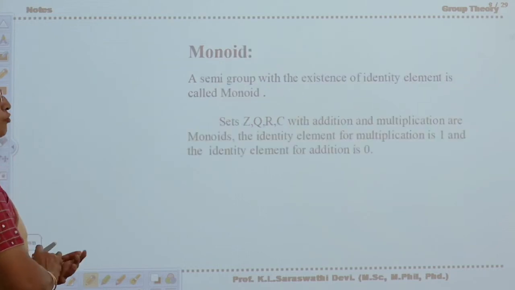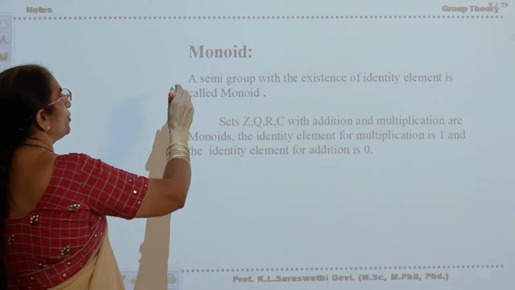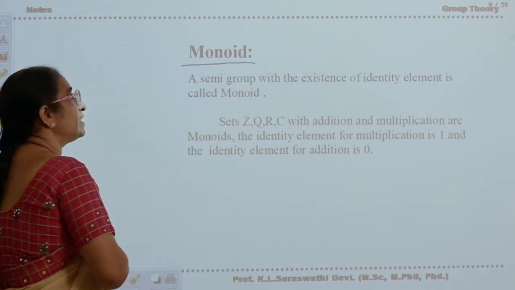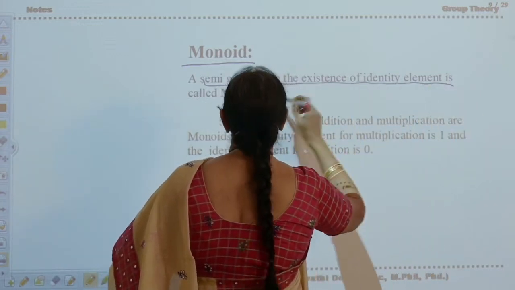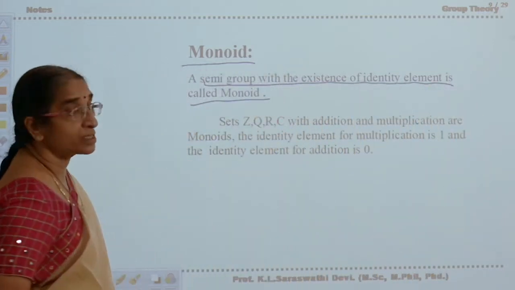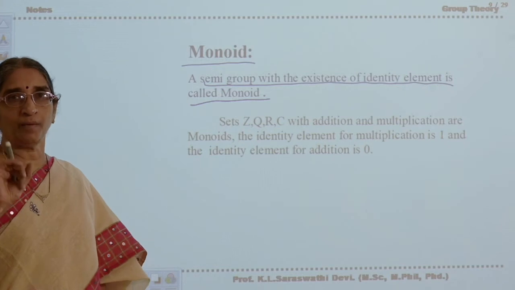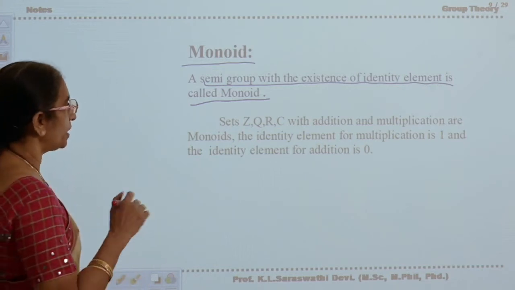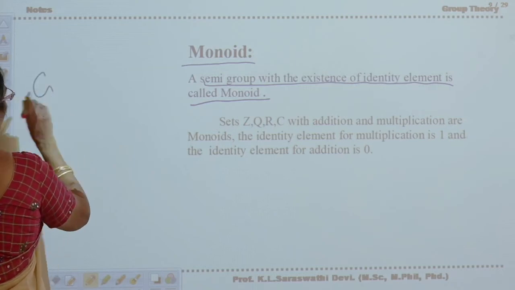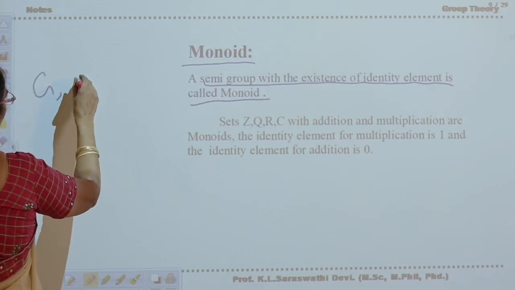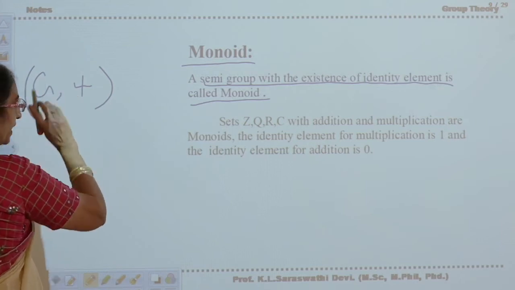After the semigroup, monoid. What do you mean by monoid? A semigroup with the identity element is called a monoid. What is this identity element? Suppose G is a set equipped with a binary operator plus.